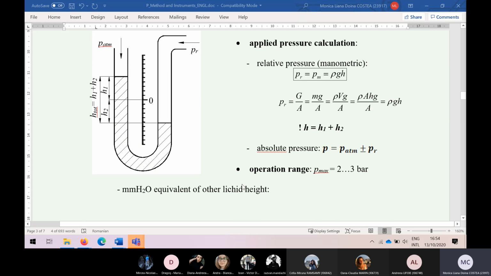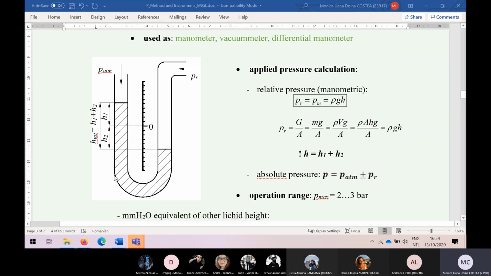But we didn't mention that here, if we let the two pressures like this, I mean, and the relative pressure will be a vacuum pressure, doesn't matter. The column will rise up in the right branch, and we can read H1 and H2 as well.